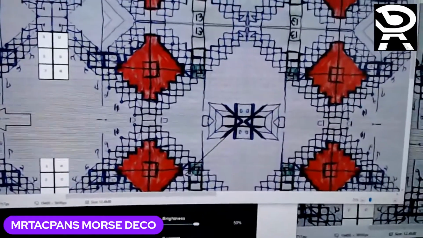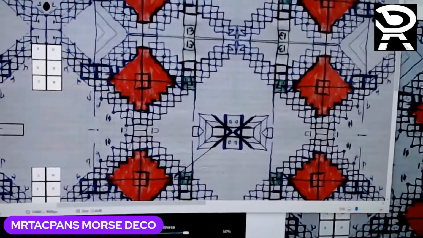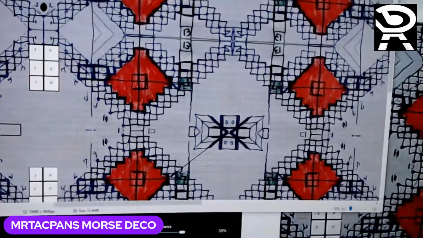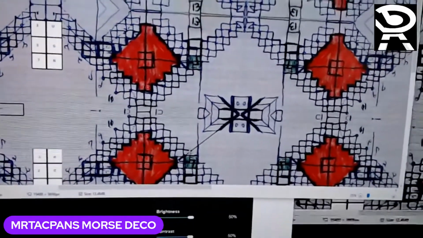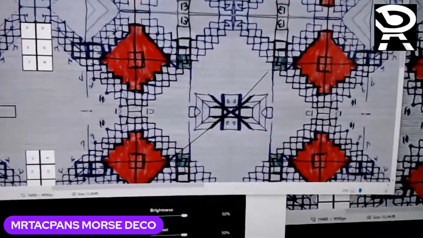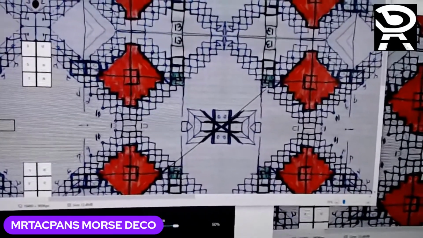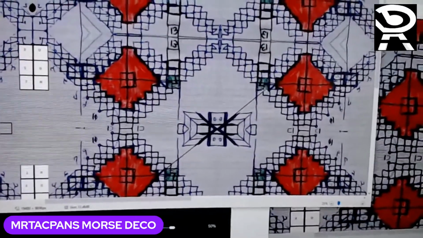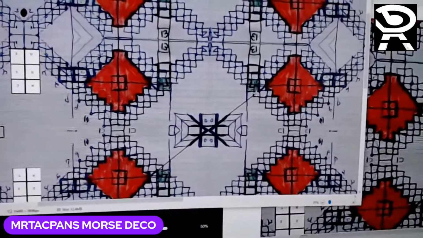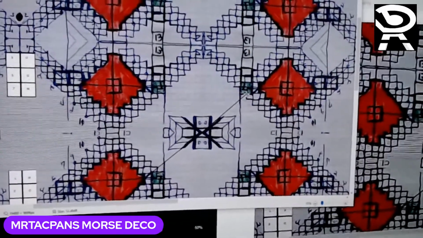No, that's not right. Something like that. So when I split it, I'm splitting it right through number 5. So it's showing me, it looks like we're split here, here, here, here, here, here, here.